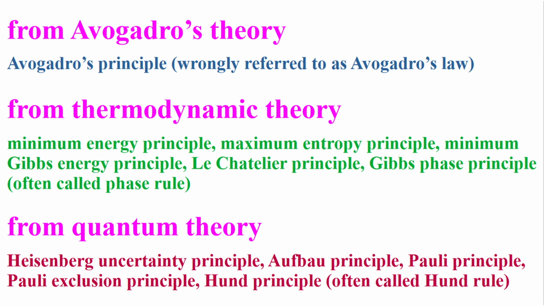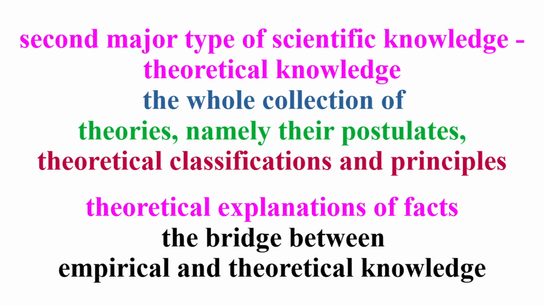It is important to clearly keep the distinction in mind, and using the term principle for Gibbs principle and Hund's principle helps this. The whole collection of theories, namely their postulates about the invisible, unobservable, microscopic world, theoretical classifications, and principles, constitutes the second of the two major types of scientific knowledge called theoretical knowledge.